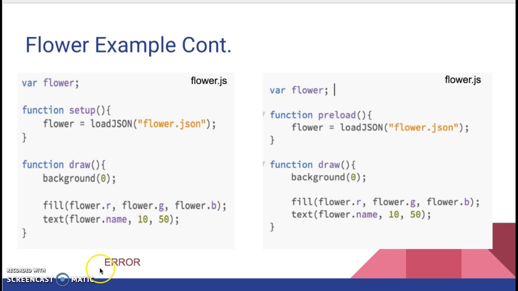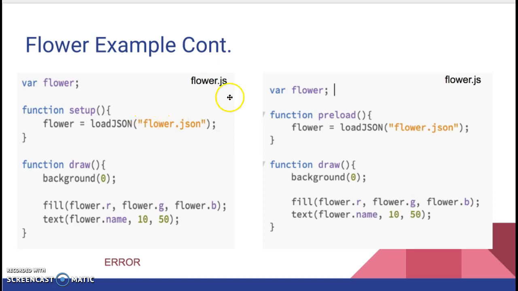But there's a little problem here with this code, and the issue is that if we run it like this, calling our load JSON function up here, we'll get an error because the load JSON can take a really long time to execute. I mean, a really long time. It doesn't necessarily mean minutes and minutes, but there's a lot of information that's coming through that it's trying to execute.